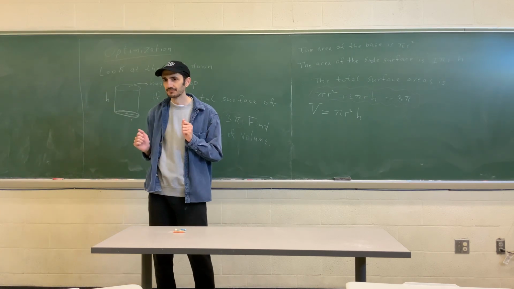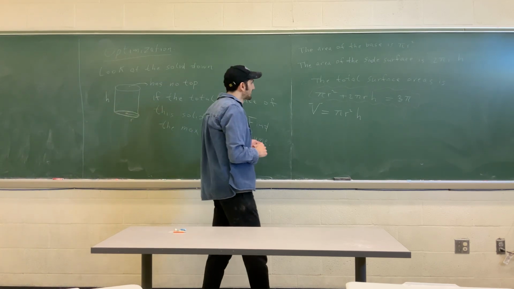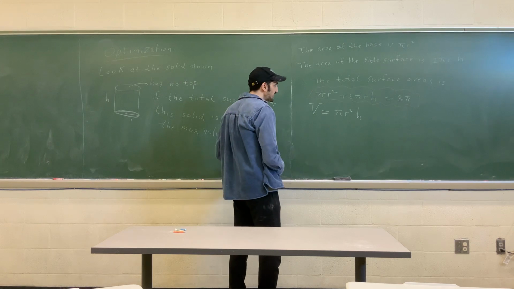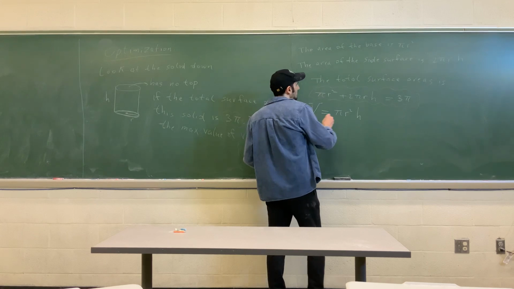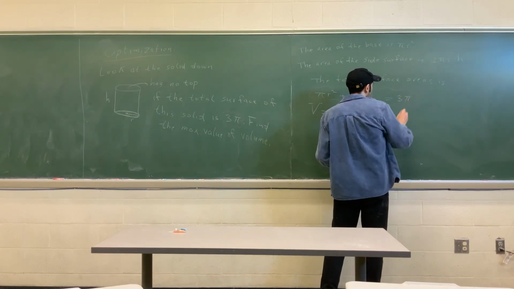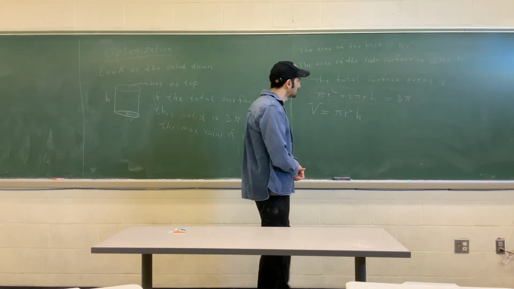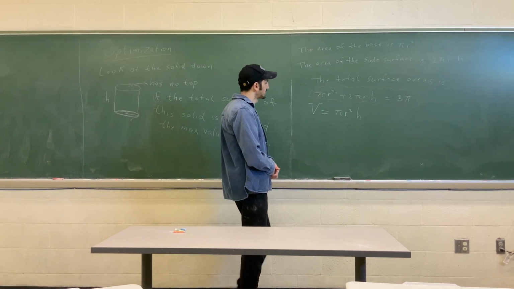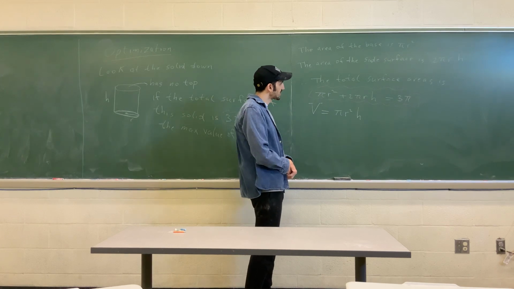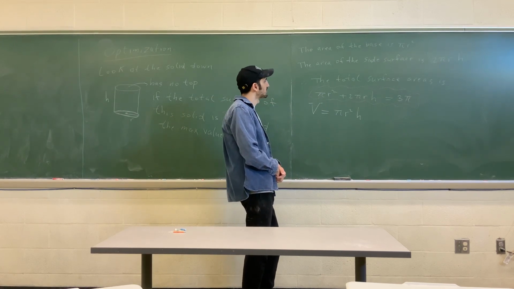So what do you suggest? What should I do? Yeah, maybe first I have to simplify it. As you can see, I have pi everywhere, so I'm going to divide everything by pi here and there. After that, what should I do? So I have one choice, which is to write r in terms of h or to write h in terms of r.